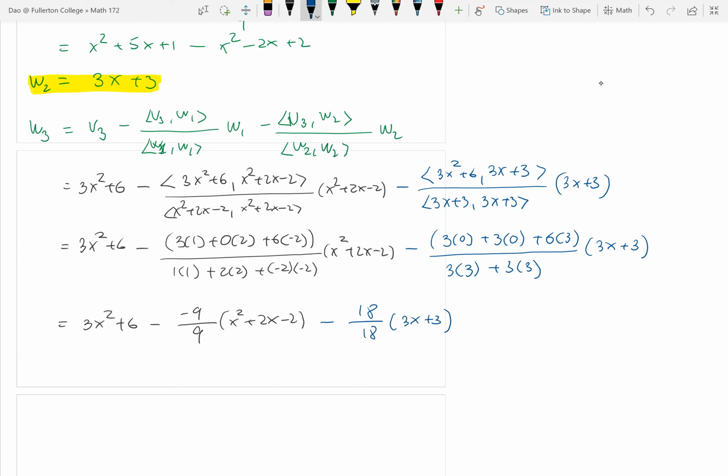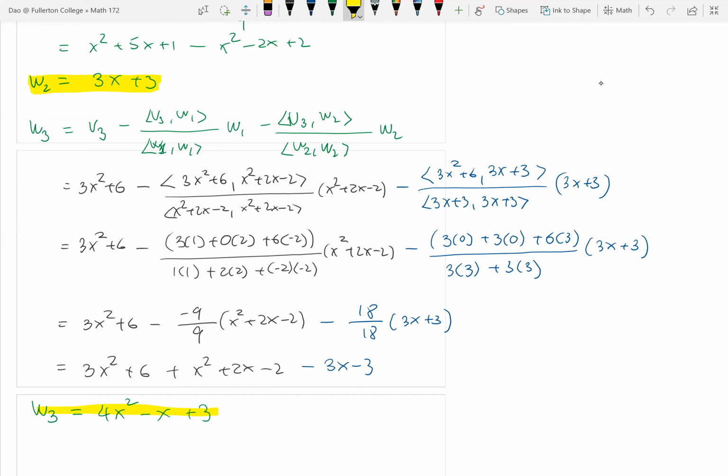Okay, you can see here you get 3x squared plus 6, and then plus x squared plus 2x minus 2, and then minus 3x minus 3. So there you go. W3 equals 4x squared minus x plus 3.